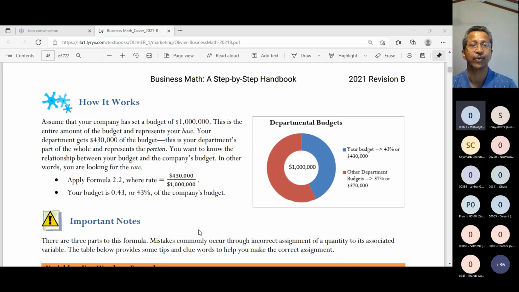In other words, you are looking for the rate. You divide 430,000 by 1 million, you get 0.43 of the total budget, or you can express it as 43% of the company's budget. So it's the one shown here. Blue is your department budget, 43%.